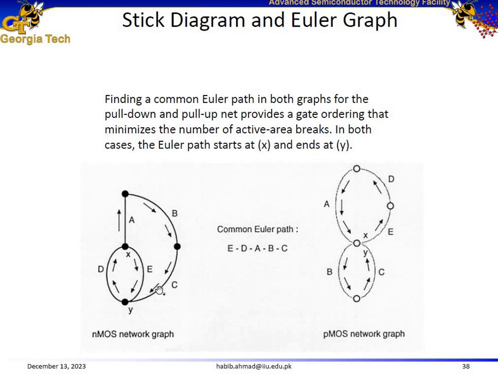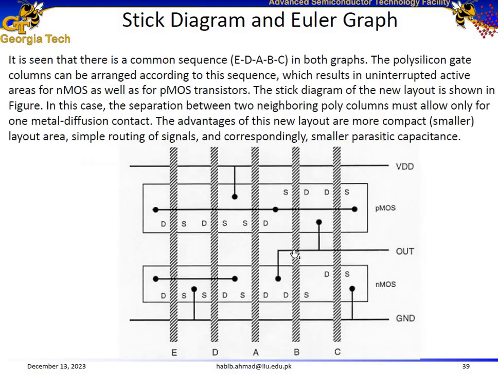So our Euler path then becomes E, D, A, B, C. It works for the pull-down network, and E, D, A, B, C also works for the pull-up network. So this becomes our Euler path.